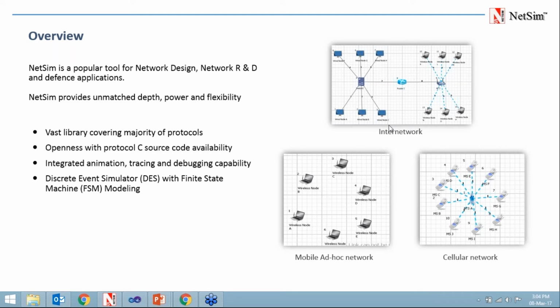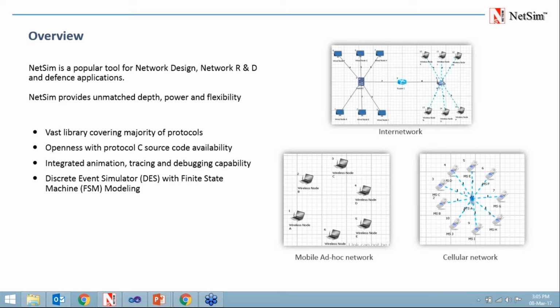In Netsim we have 2 versions, one is academic and one is research, that is the standard version. In the academic version you can design and analyze all your technologies with the GUI. But in the standard version, users are provided with C source code of network protocols which are implemented based on IEEE and IETF standards.